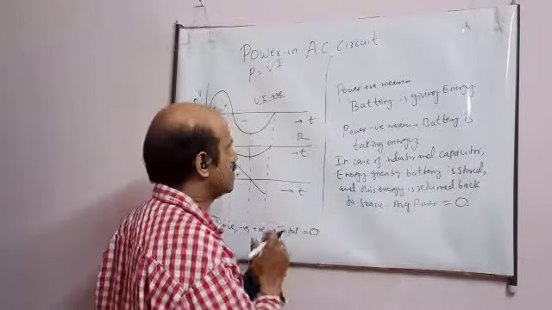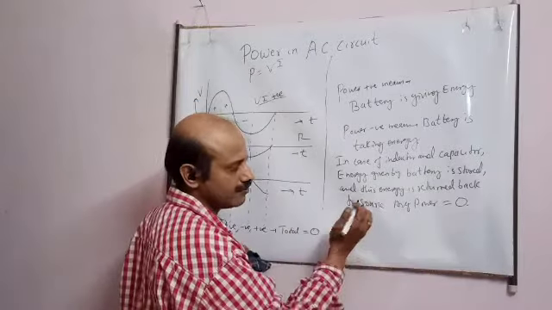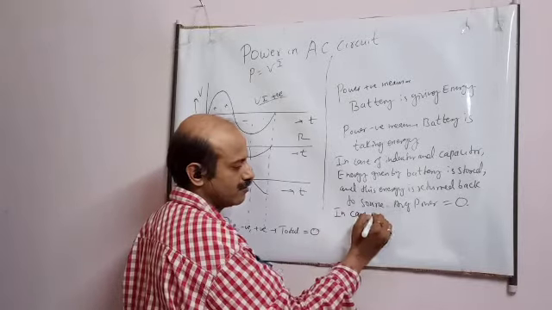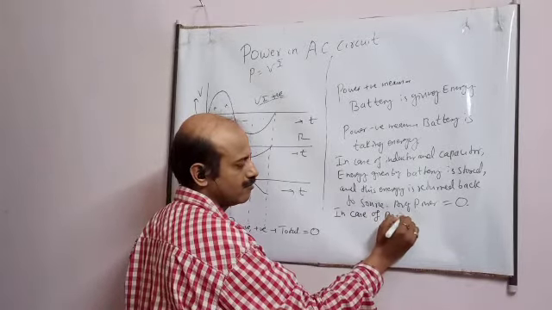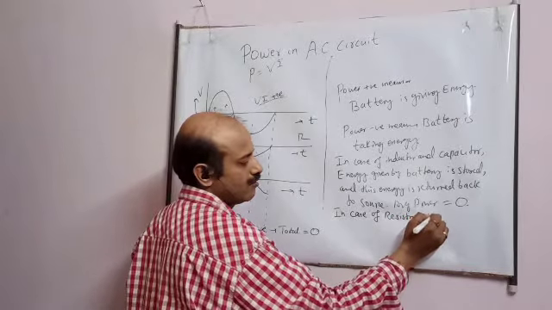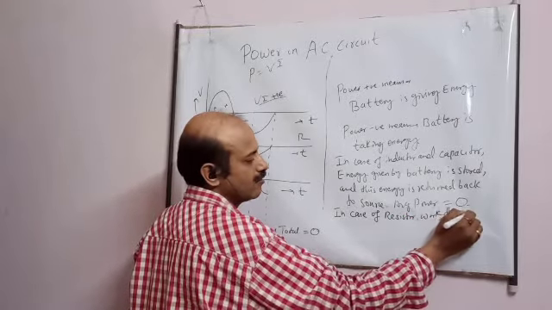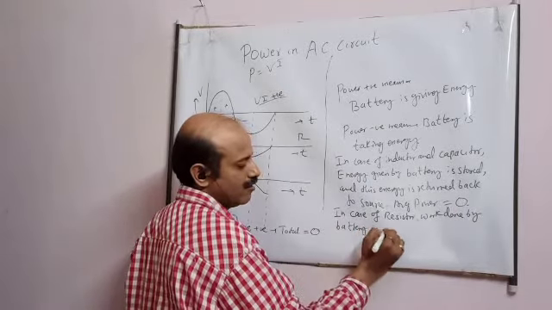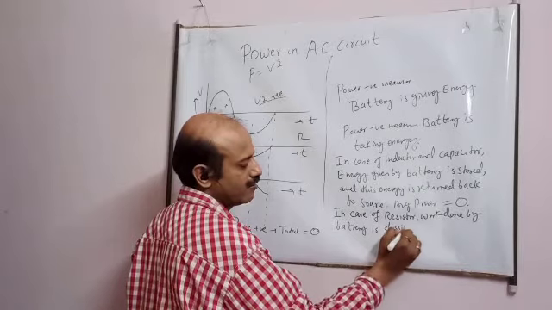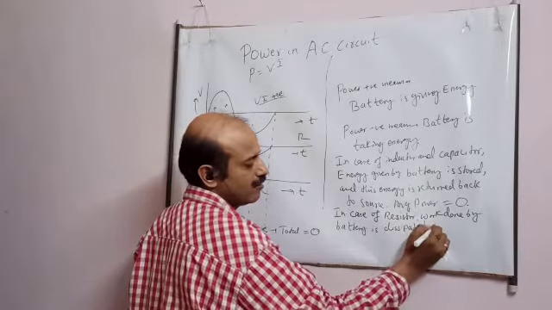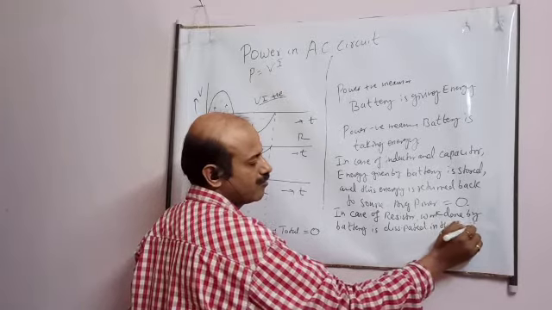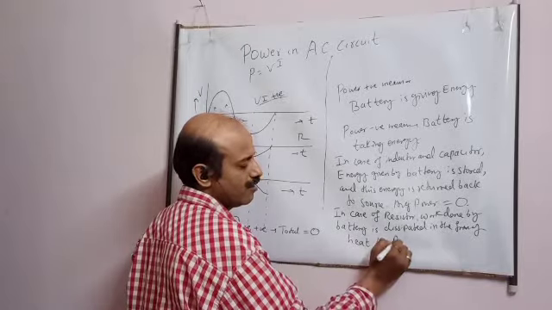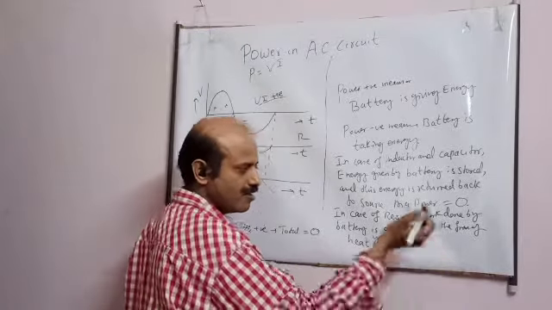Now in case of resistor, student, what happens? See, in case of resistor, work done by battery is dissipated in the form of heat by R. Hence, this energy cannot be returned.